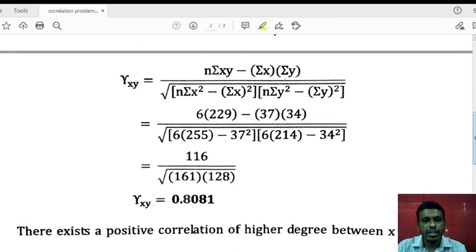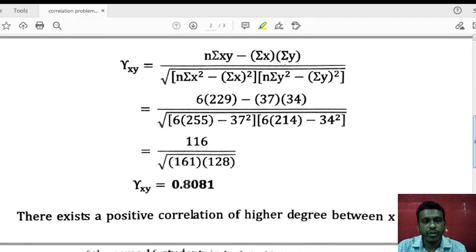You can use the formula for Karl Pearson's coefficient of correlation, Rxy. So the coefficient of correlation between x and y is Rxy equals n into summation xy minus... What is n?